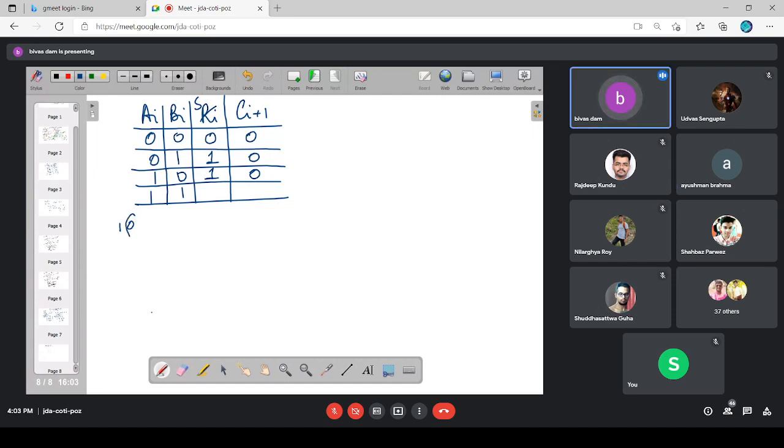Of which the least significant bit comes as the sum or the result, and the more significant bit comes as the carry. Okay? Get this point? Am I clear? Yes, sir.